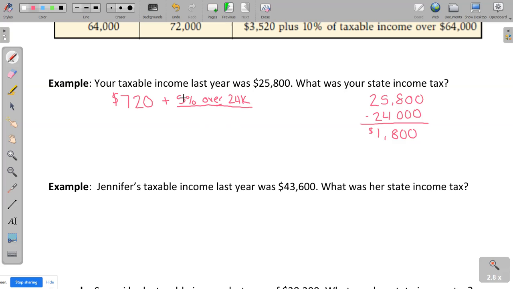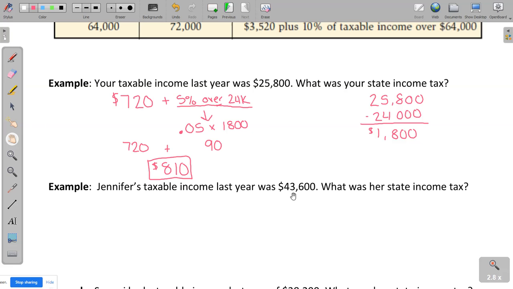We're going to take 5% of this amount. 5% changed to a decimal is 0.05, and we get $90 when we multiply that through. Then we add that to the $720 for the initial amount, and we get $810 that we will owe for our state income tax.